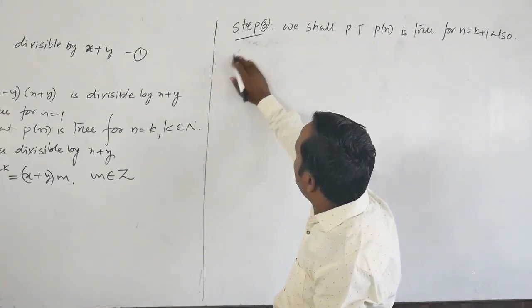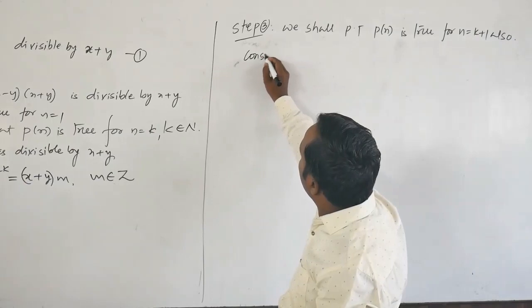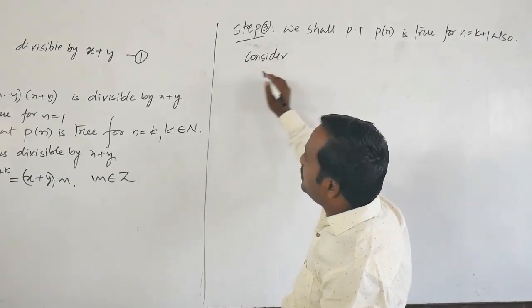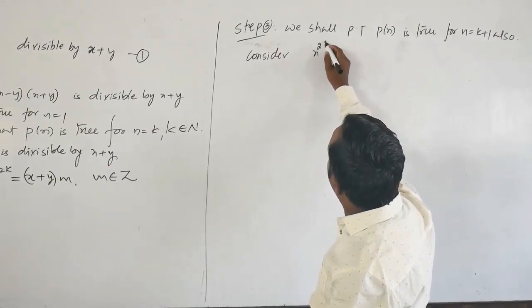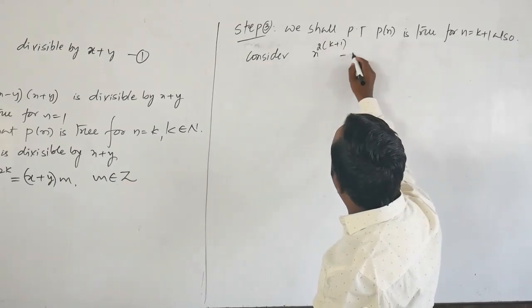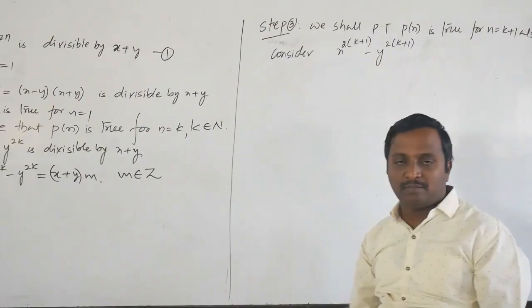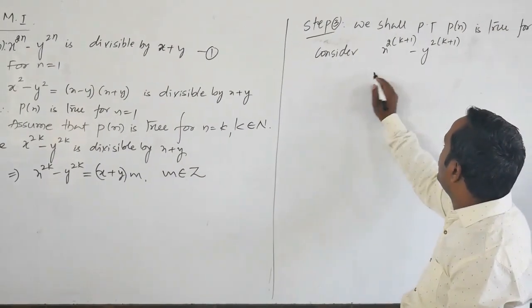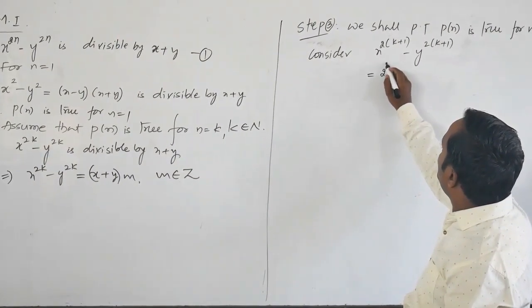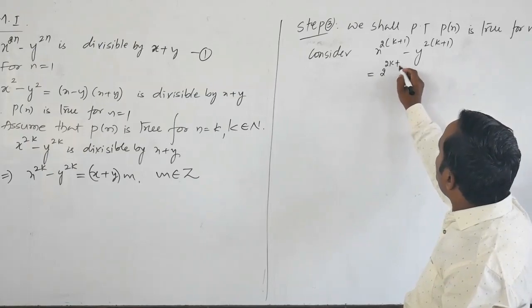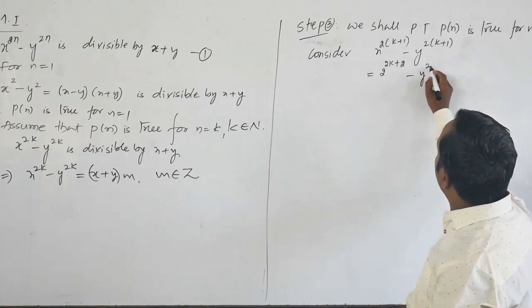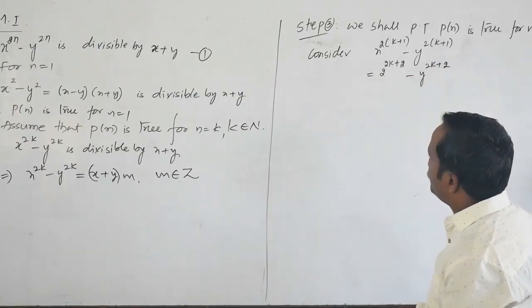That is, consider x raised to 2 into bracket k plus 1 minus y raised to 2 into bracket k plus 1. Simplify this: x raised to 2k plus 2 minus y raised to 2k plus 2.